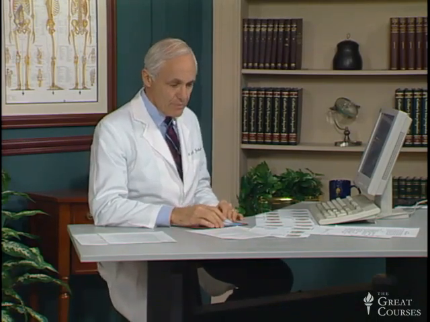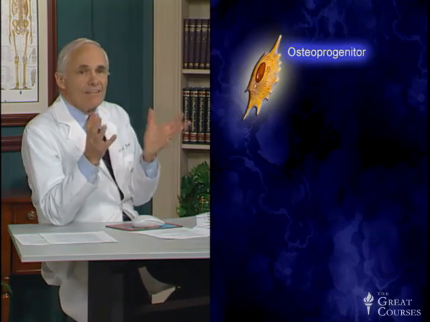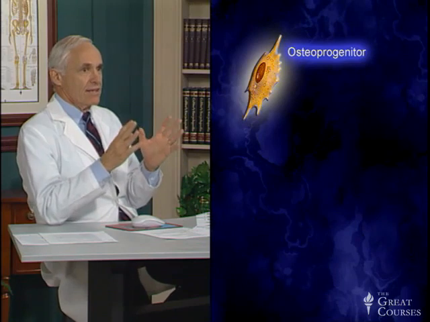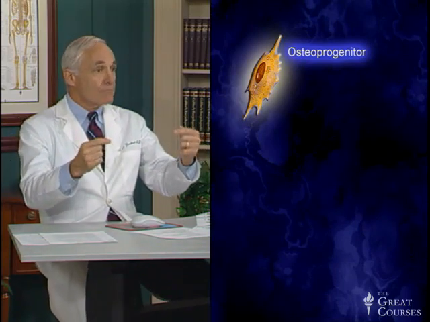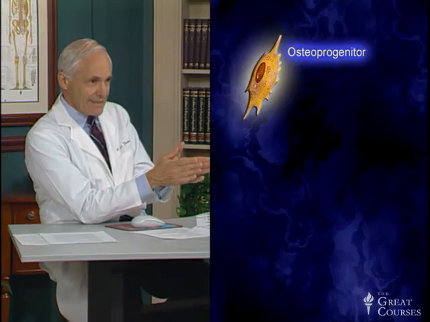Let's go on now and look at the embryology, the microscopic anatomy of the growth plates and the bones. First of all, we need to look at the cells. We have several different kinds of cells. We call this the osteoprogenitor cell, and that cell is the determined stem cell of the skeletal system. These are the cells that came down from our pluripotential cells, the basic stem cell, and took a fork in the road that led them to the skeleton.